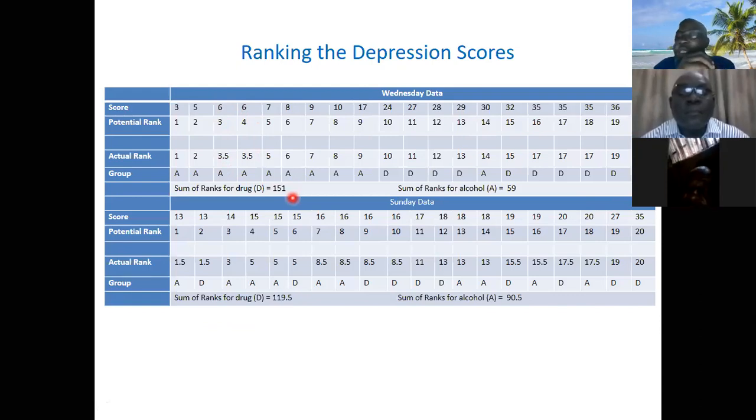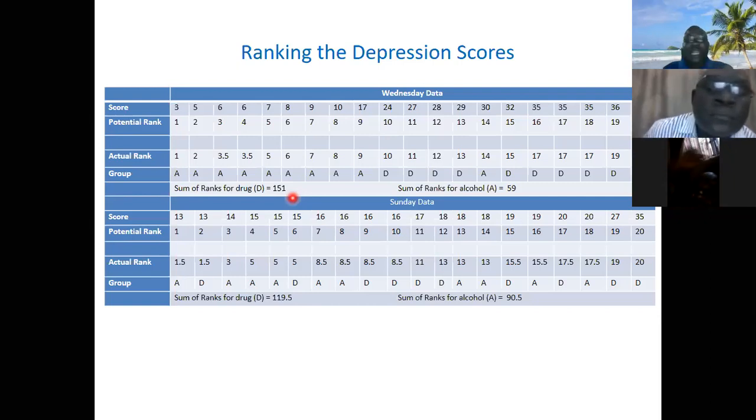Or the prize for the second and the third, both of them will make money together and share. So if you look at the 6 and 6, it is the same value, but they are ranked 3 and 4. You say 3 plus 4 making 7, divided by 2, which is 3.5. Now give each of them 3.5, 3.5.